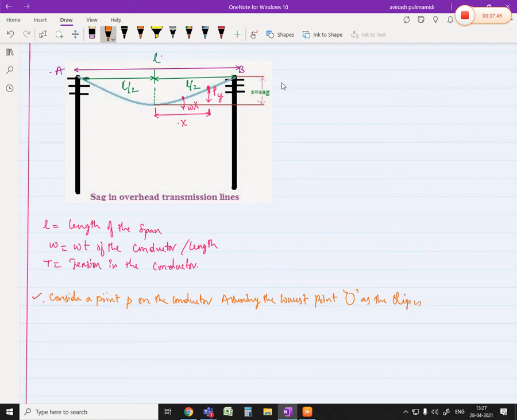What do you mean by O? O is this one, the origin, exactly at the center of the conductor.